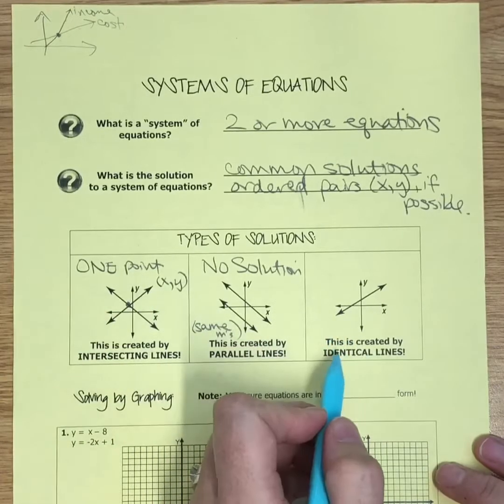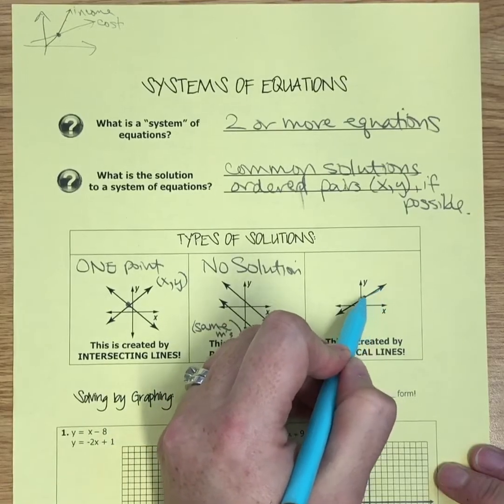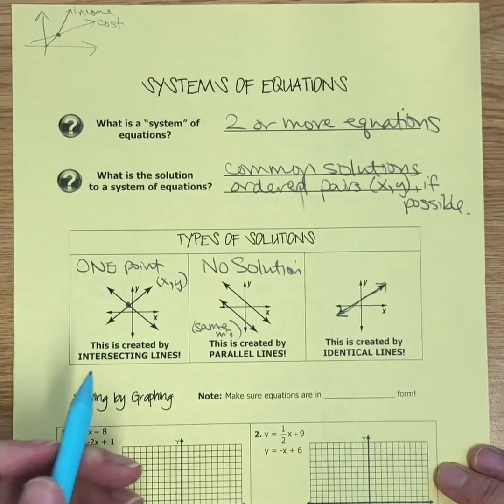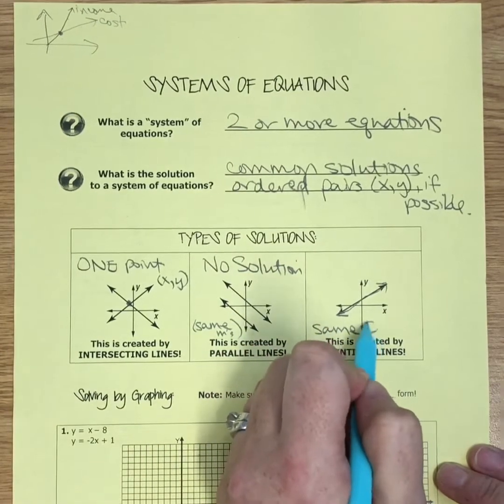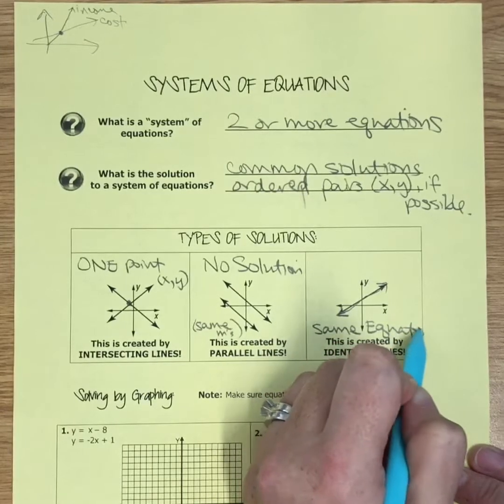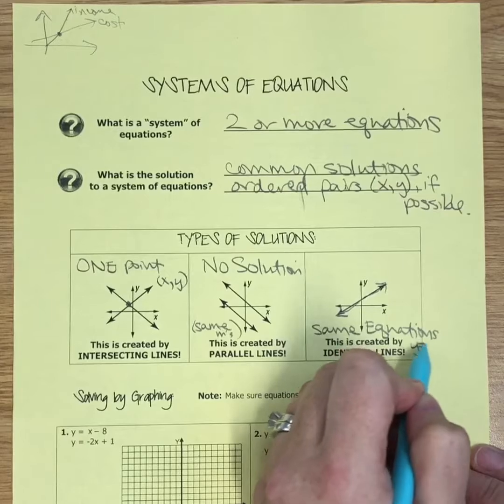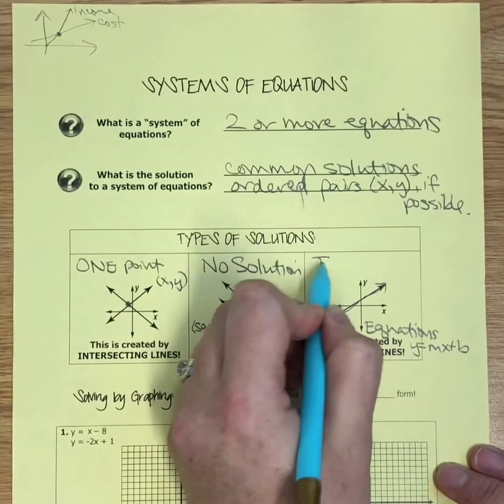Now, when we say identical lines, basically the two lines are exactly the same equation. They have the same slope and the same y-intercept. So when you solve for y, when you get your y equals mx plus b, they're going to be the exact same equations. And guess what? There's infinite solutions.